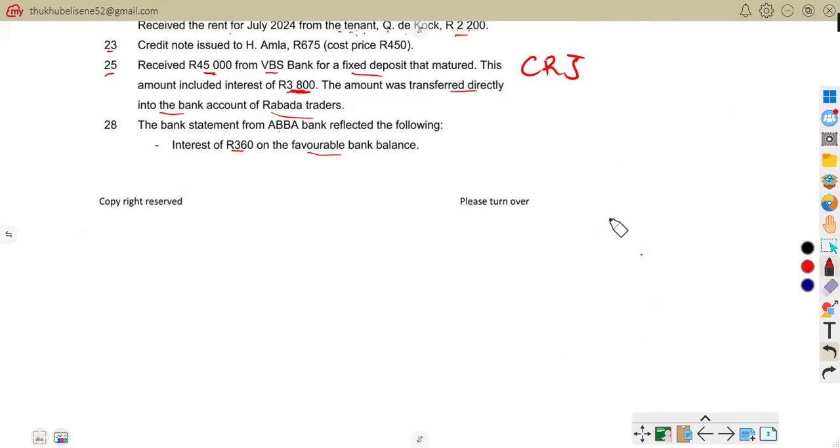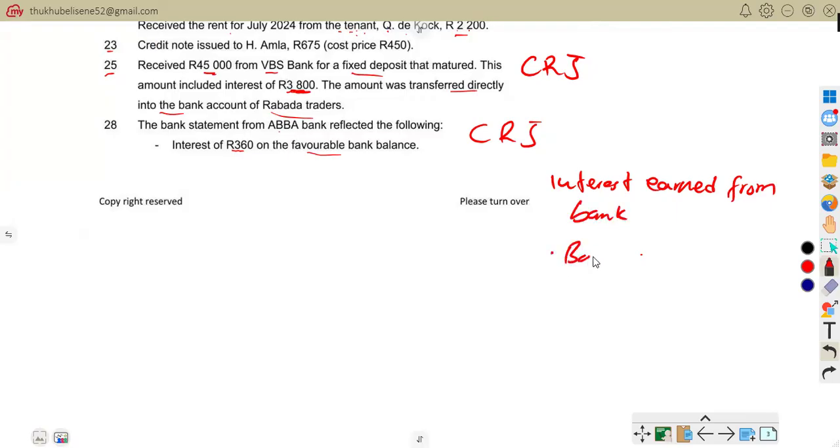So we are told that this also affects our cash receipt journal. So bank interest, we're told that is 360. So that is interest earned from the bank. This is interest, and it's interest earned from the bank.